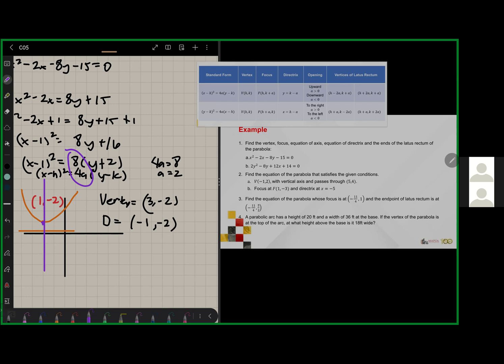It is at x is equal to 1. The directrix is along the horizontal, so the equation of our directrix is y equals negative 4.